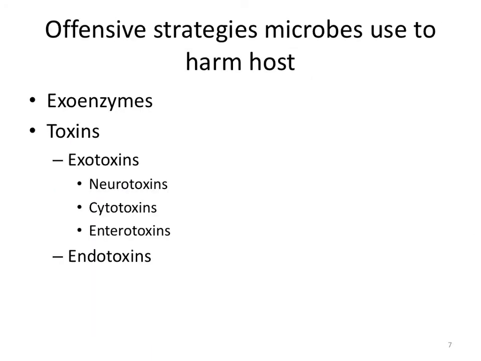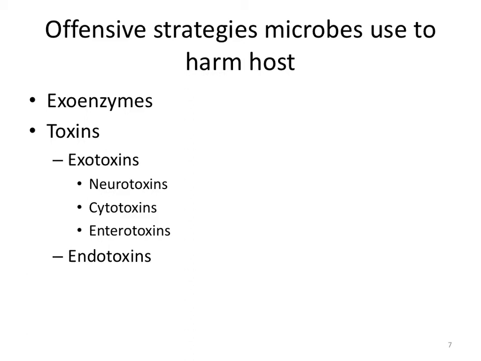All right, so we looked at a few examples of defensive pathogenicity factors. Let's look at a few examples of offensive pathogenicity factors now. Let's consider exoenzymes and a variety of types of toxins, including both exotoxins and endotoxins.